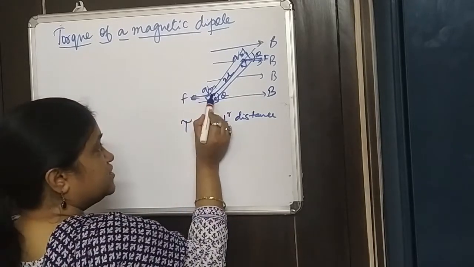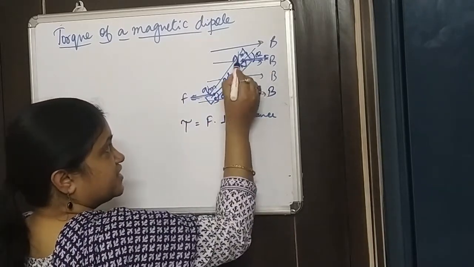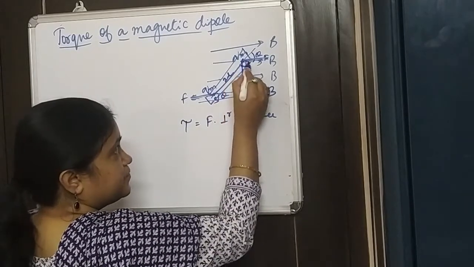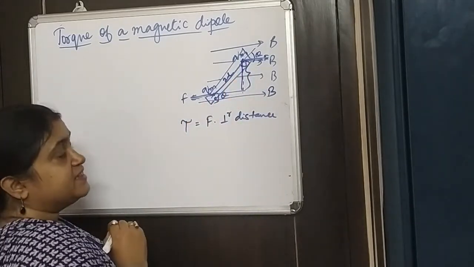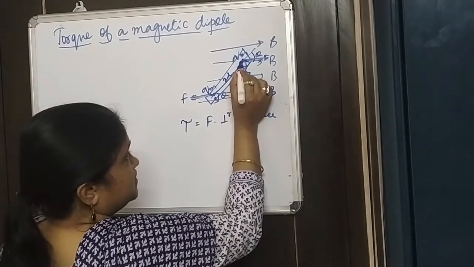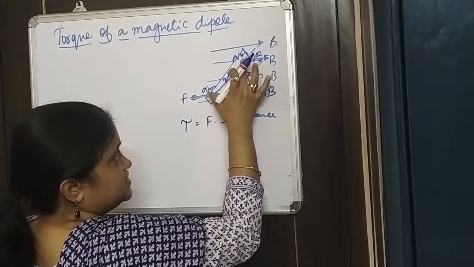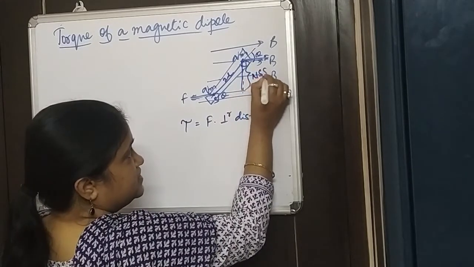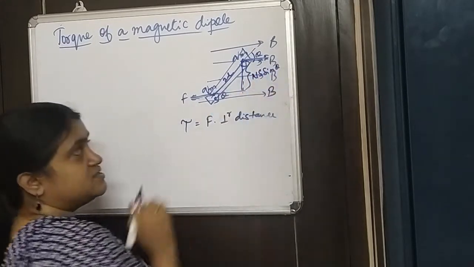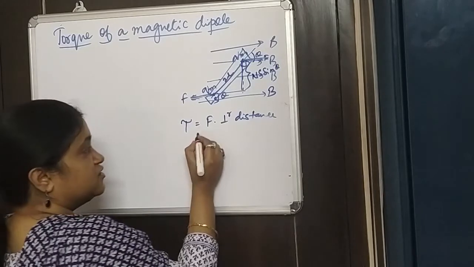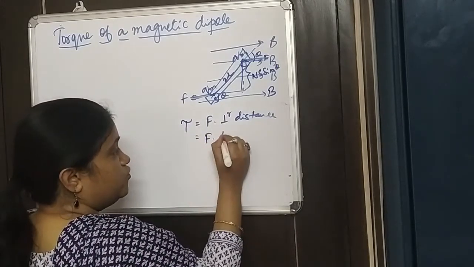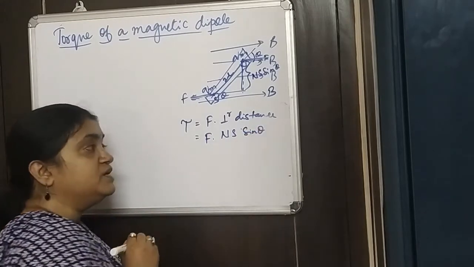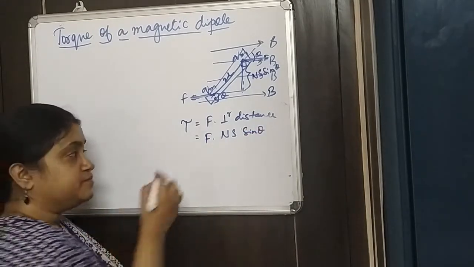So this force is acting this side, this force is acting this side. The perpendicular distance between these forces is this. And if this is N and this is S, this distance is NS sine theta. So F into NS sine theta would be the torque.